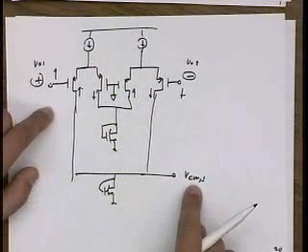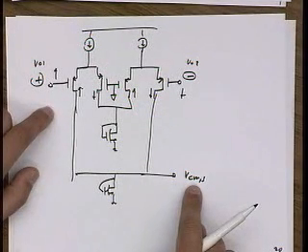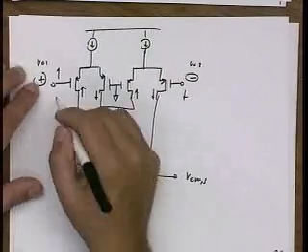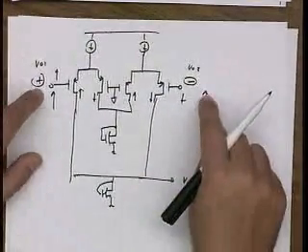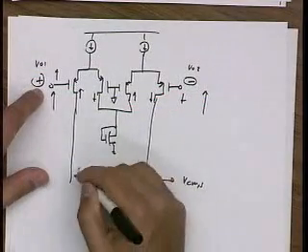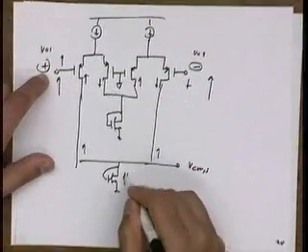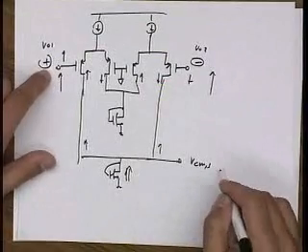And so this voltage doesn't move in response to a differential signal. On the other hand, if I have a common mode signal, then both of these are going up, both currents are going up, and so they sum, and this voltage actually goes up.